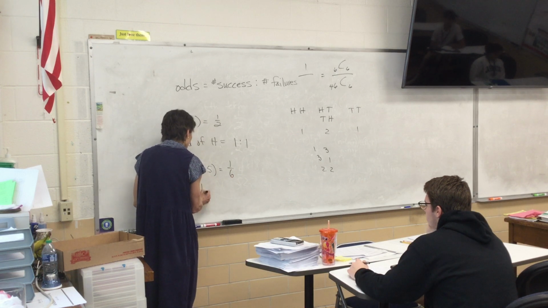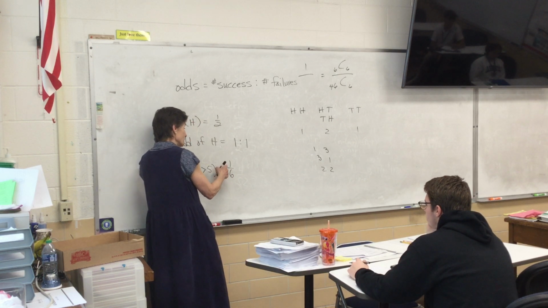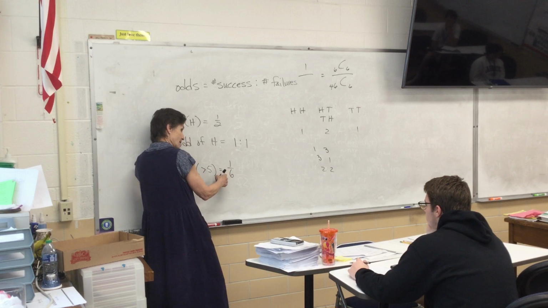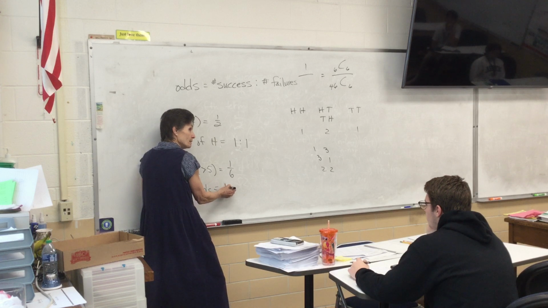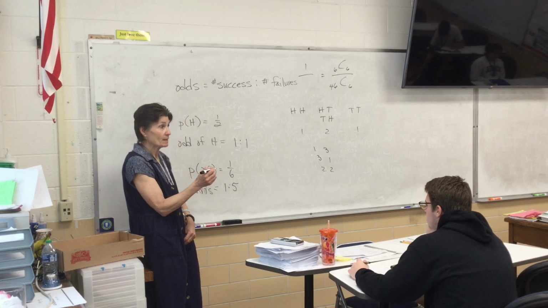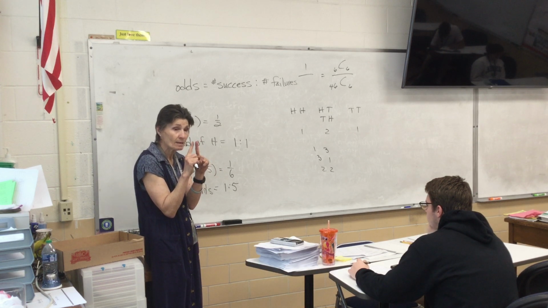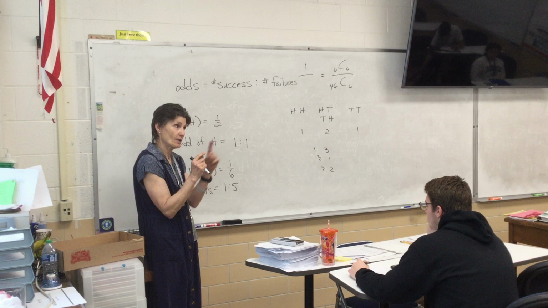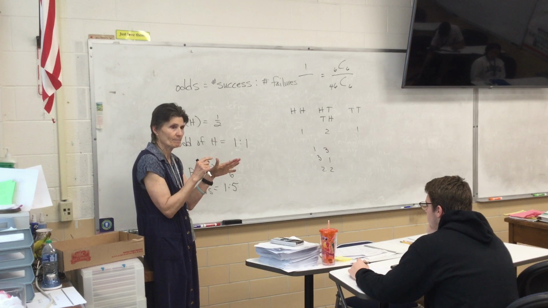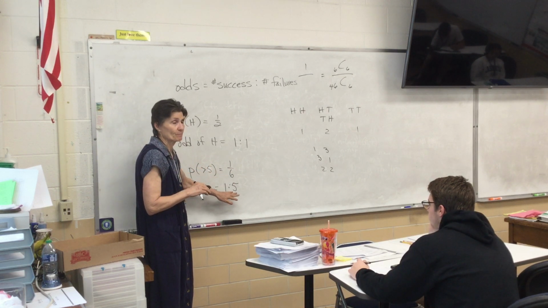So what are the corresponding odds of that event? If the probability is 1/6, then the odds would be 1 to 5, because if your success is 1 way, and there's 6 total, then aren't there 5 failures? So that would be 1 to 5. So you can convert back and forth very readily.